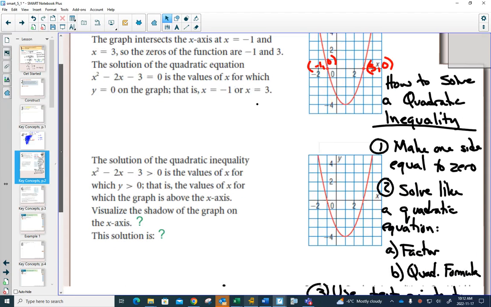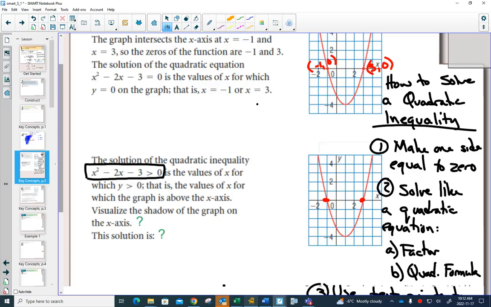And now we're going to be solving the following inequality. X squared minus 2x minus 3 has to be bigger than 0. Okay? So there's two ways that we can go about this. First of all, you're going to find out by factoring, probably in this one you would use factoring, that it's equal to 0 at those x-intercepts.